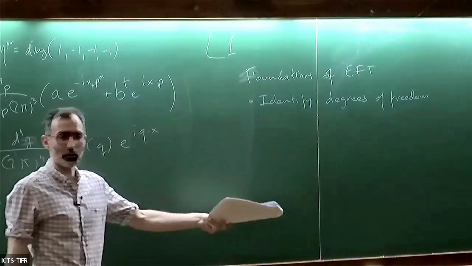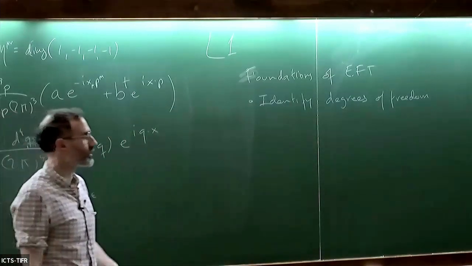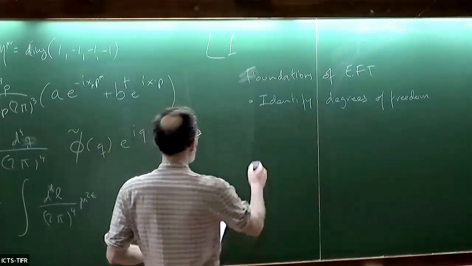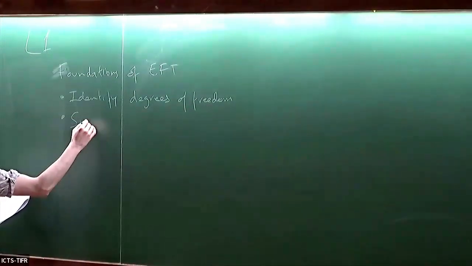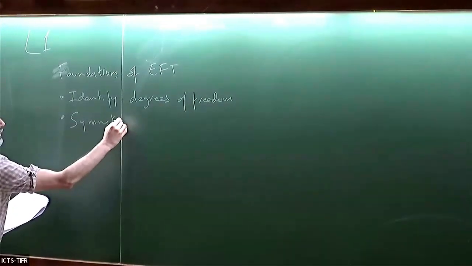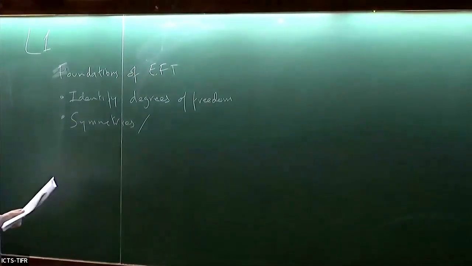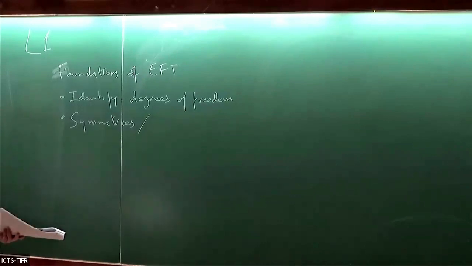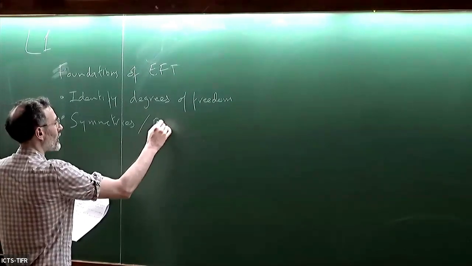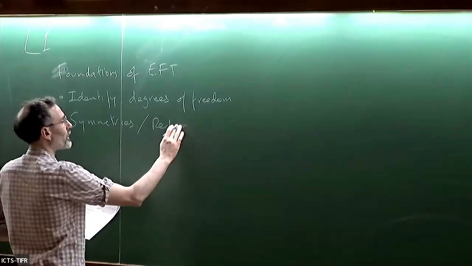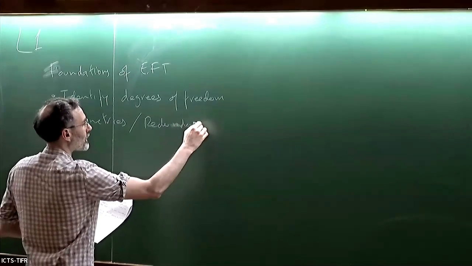This might look like a triviality to you, but it's not always a triviality, and we may see an example in which it is not. Then you have to take into account the symmetries. Some of the community now calls what we used to call gauge symmetries redundancies in the description. So if you come across that, I'll just write it in here as well. Redundancies.